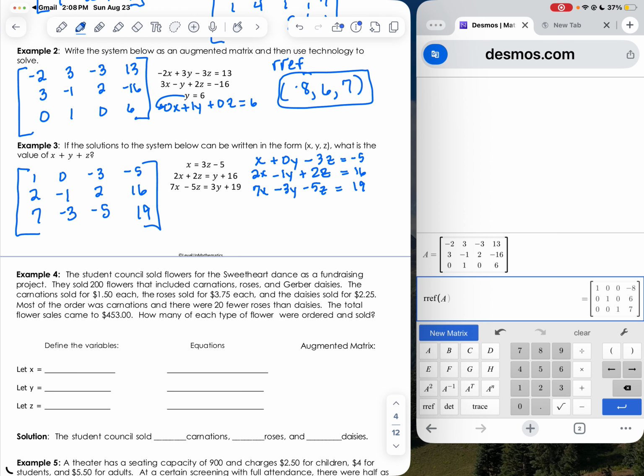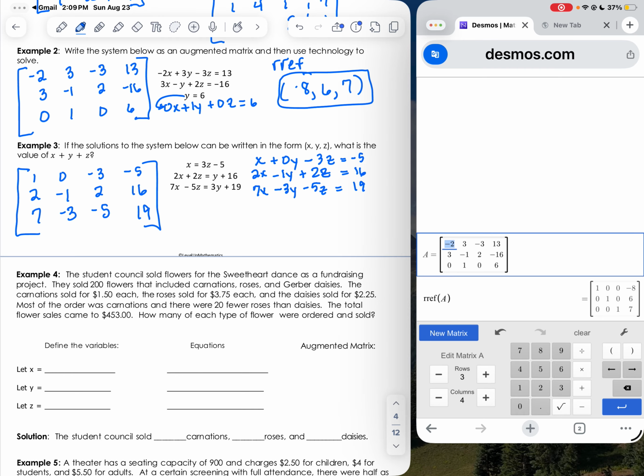All right, now what I'm going to do is use the same matrix that I used in my first problem. I'm just going to edit all my entries.